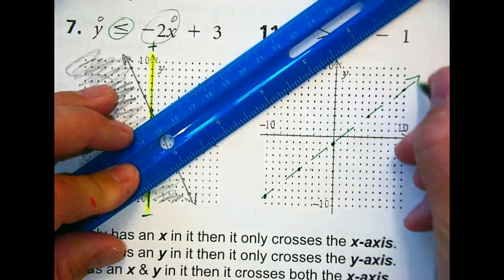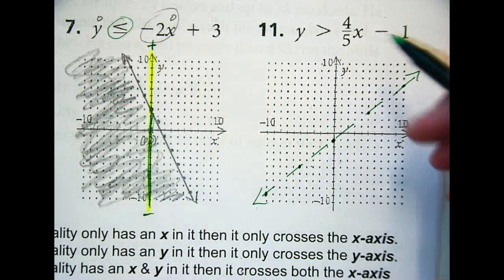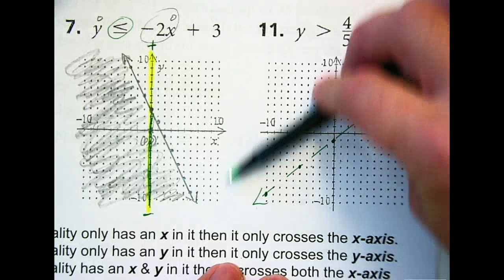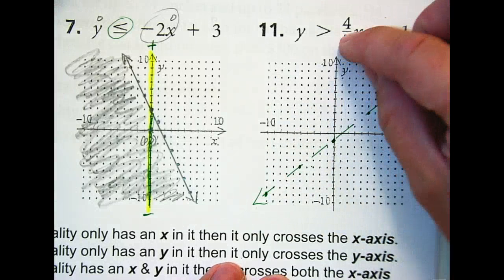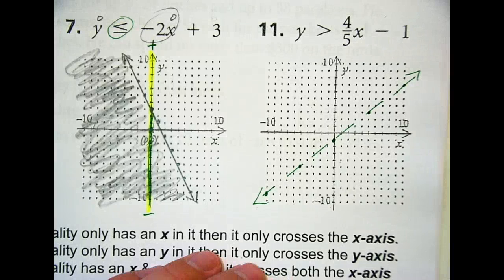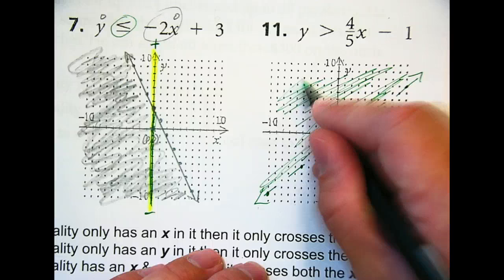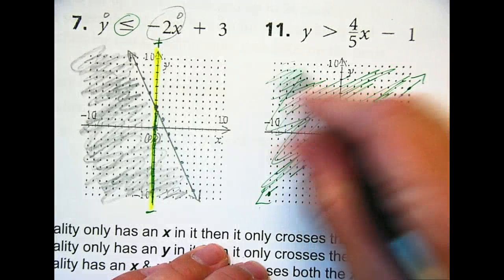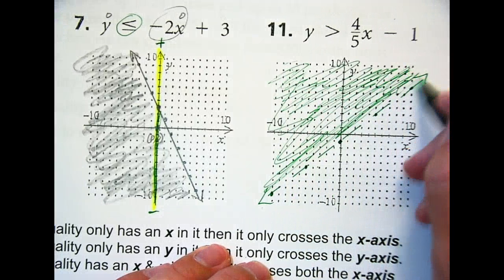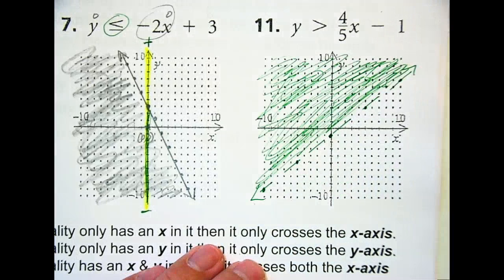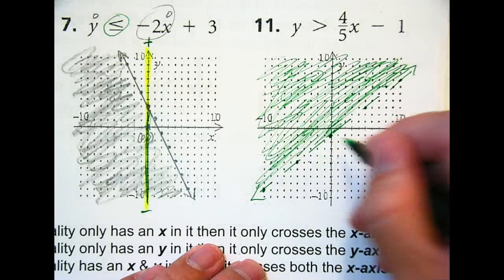And the greater than symbol says I shade all the big y values, all those values up here. If I'm shading all the big y values, I'm shading above. Now you could still test 0, 0. Will 0, 0 work in this if I tested it? Yes. How do I know? You just plug the origin into the x and y values.